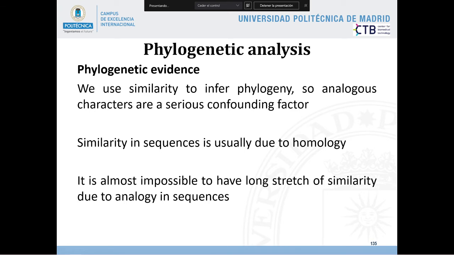Phylogenetic evidence can be based on the similarity of sequences. We use that similarity to infer phylogeny. When we have, for example, two analogous genes, it can be misleading, because analogous sequences will be developing the same kind of organ but be very different in the species or in the evolution process, let's say.